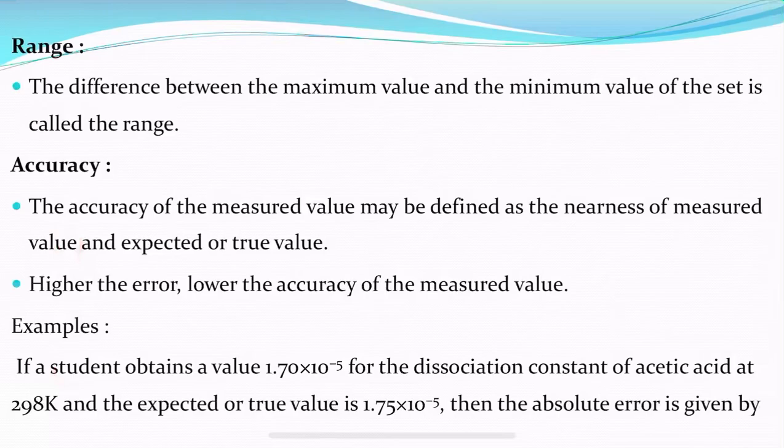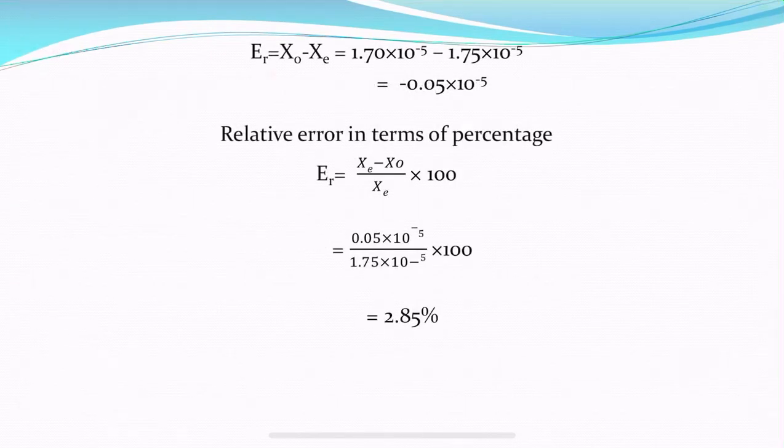Example 1. If a student obtains a value 1.70 into 10 raised to minus 5 for the dissociation constant of acetic acid at 298 Kelvin, and the expected or true value is 1.75 into 10 raised to minus 5, then how are we going to calculate the absolute error?